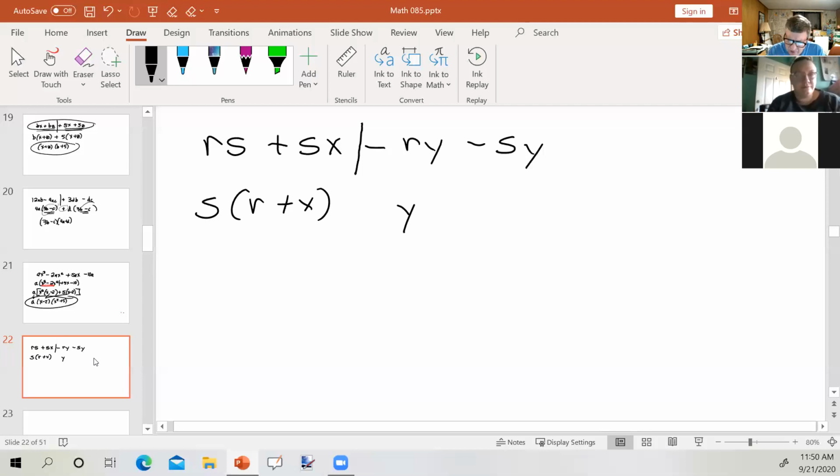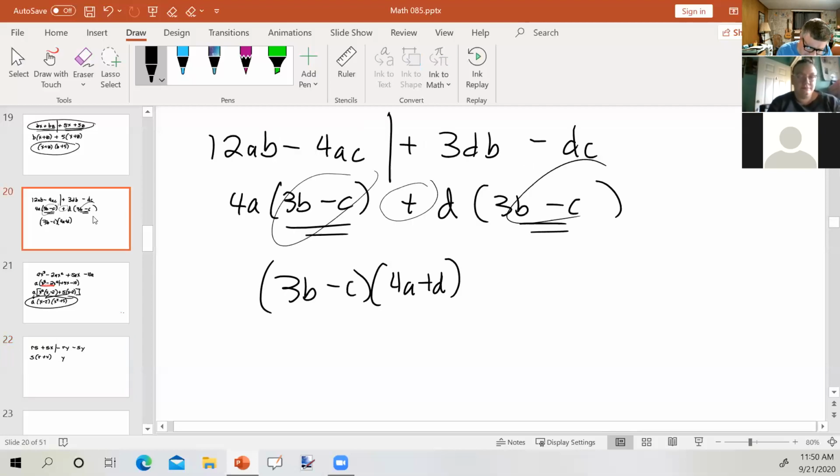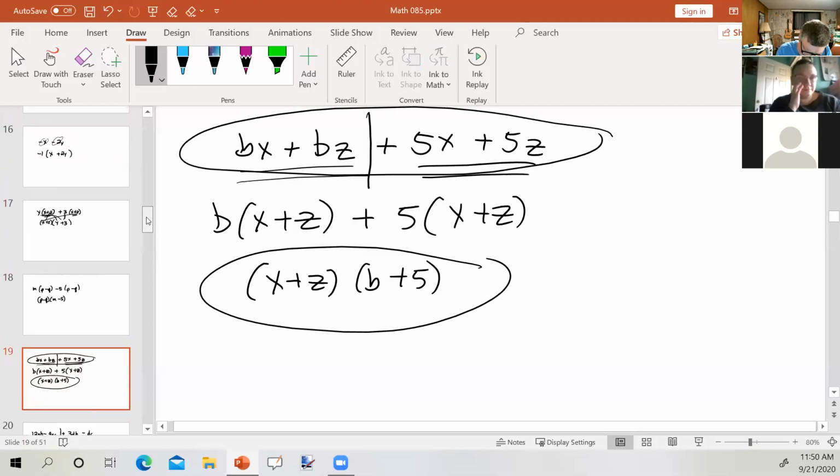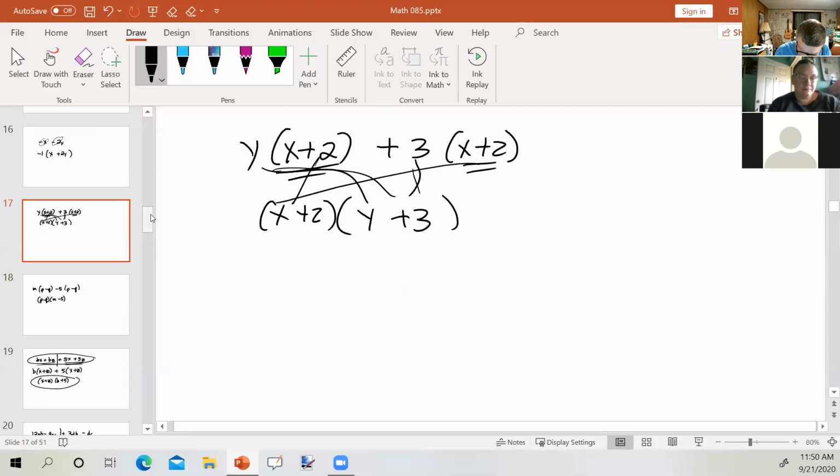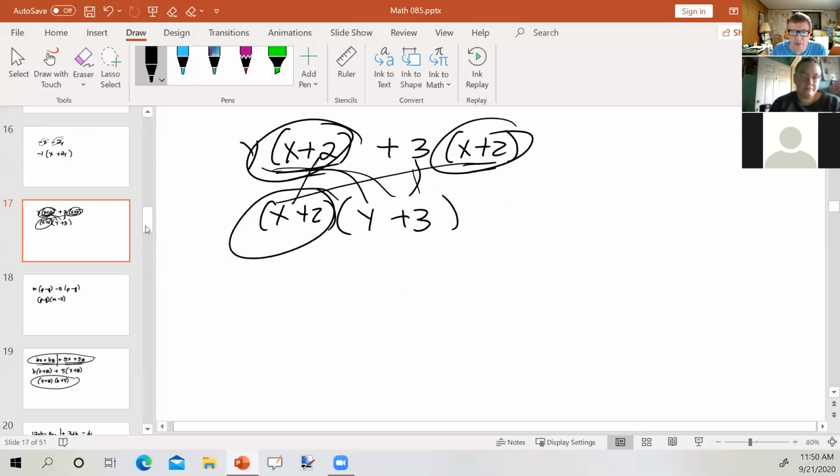So my question is, do I want to take out a Y or a negative Y? Well, before we answer that, let's go back to this one. Notice that these two matched. Because they matched, I could bring it out as the greatest common factor.